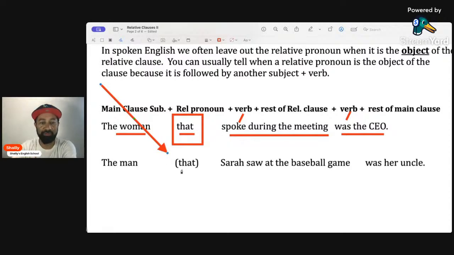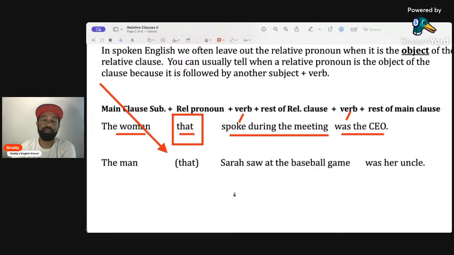It's your choice. You can omit it or you can include it. So the man that saw Sarah at the baseball game was her uncle. Okay, the man Sarah saw at the baseball game was her uncle. Completely same meaning.